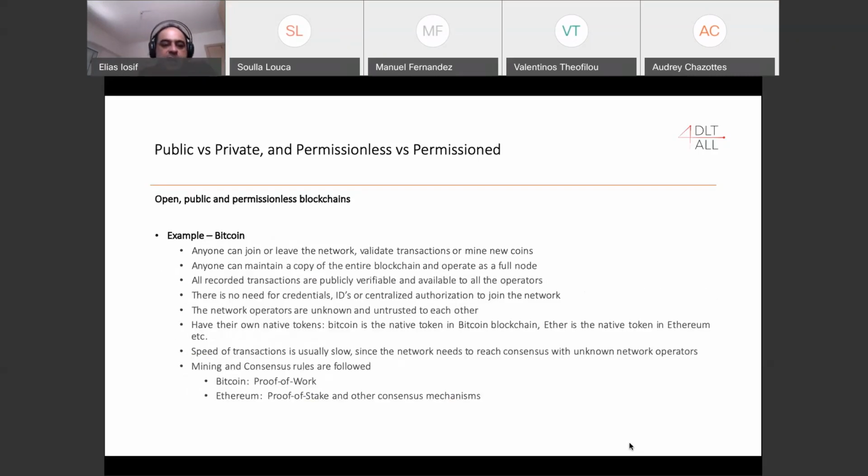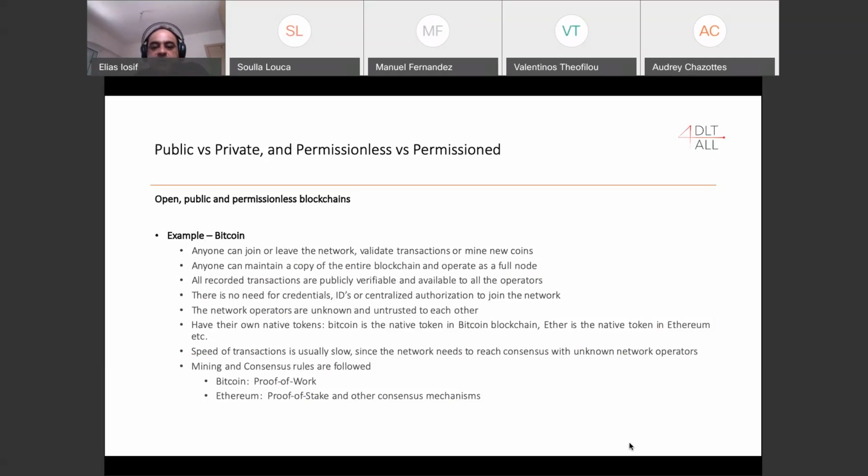So, a few more things about the Bitcoin blockchain, the Bitcoin network, a peer-to-peer network. Anyone can join or leave the network.